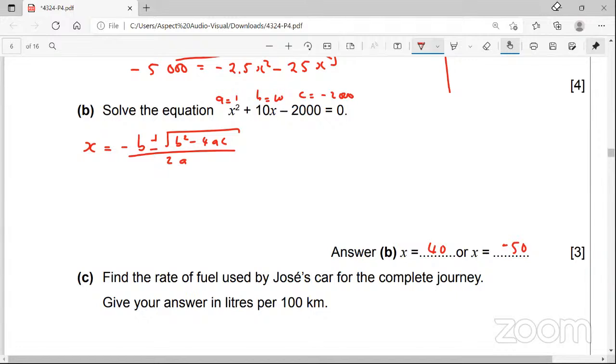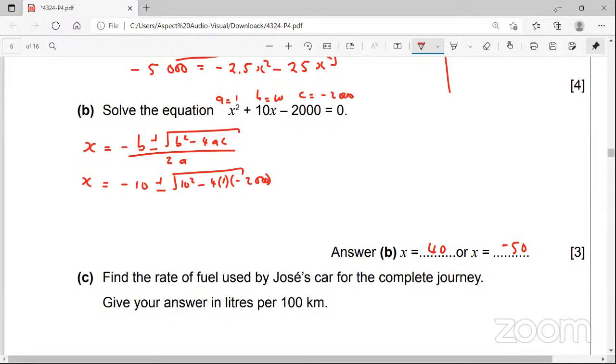So let's quickly substitute and see if you all get the same answer. So I'll say x is equal to negative 10 plus or minus the square root of 10 squared minus 4 times my a, which is 1, times my c, which is negative 2000.